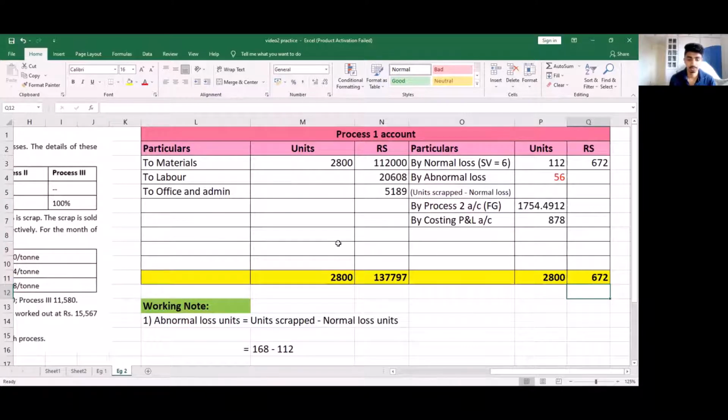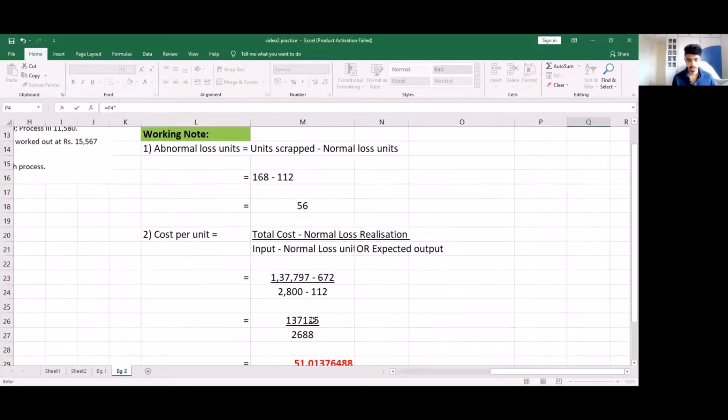By putting the values in the formula, we get the cost per unit as 51.013. So now let's obtain the values of abnormal loss and the finished goods. So we multiply units with the rate or the cost per unit to get the amount.